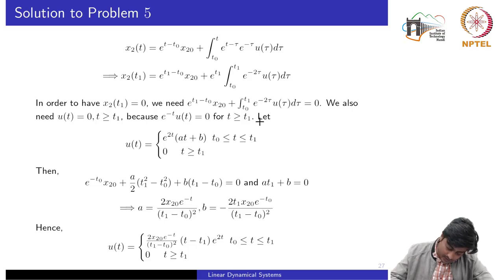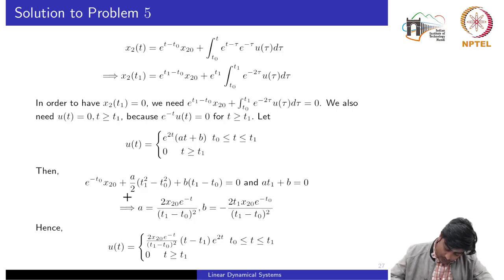So first of all, we define some input which is given by e to the power 2t into (at plus b) for all time between t0 and t1. With this input, we need to show that x2 at t1 is equal to 0, and afterwards x2 should be equal to 0.